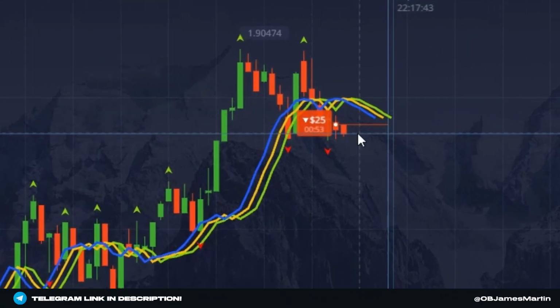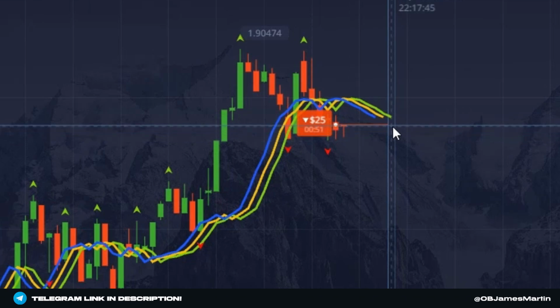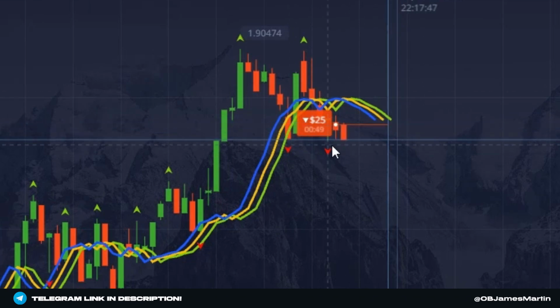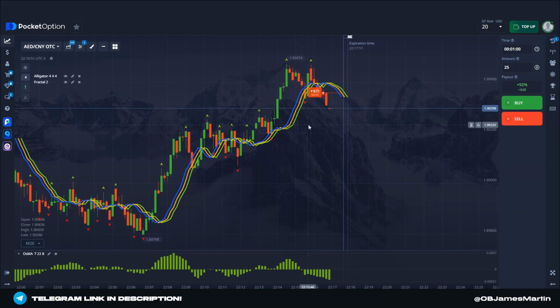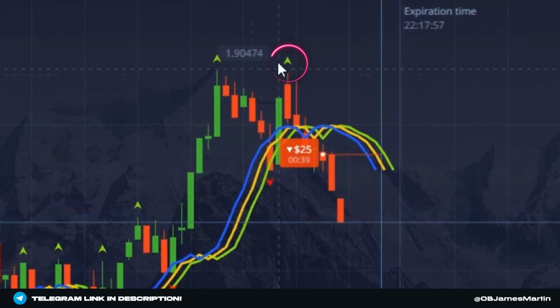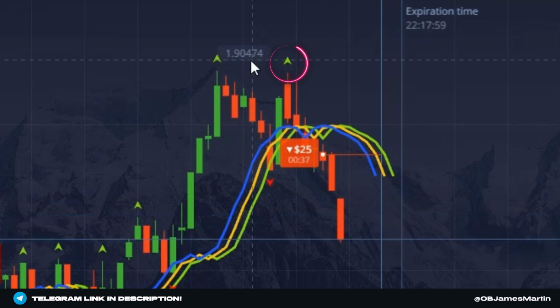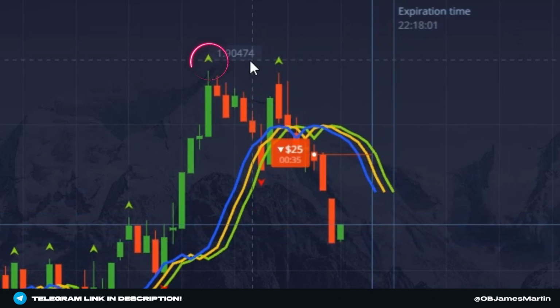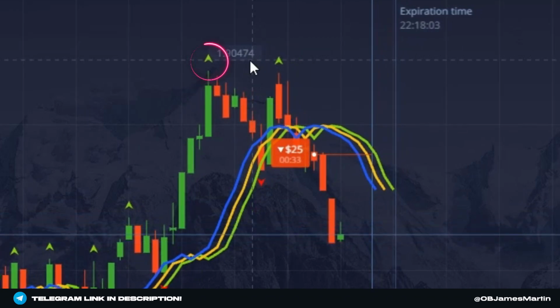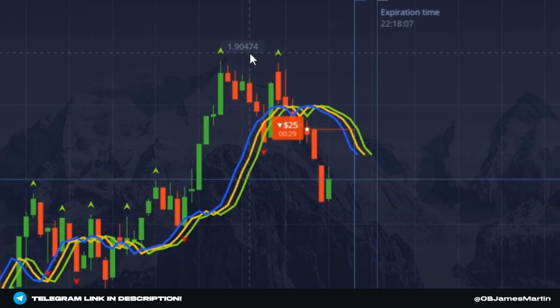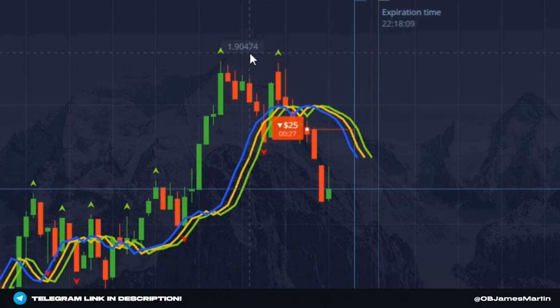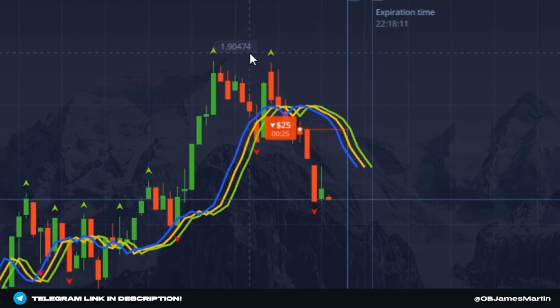Before I start talking specifically about the events of the current pair, I want to tell you about the Fractal indicator and its role in this method. It's a very positive indicator by itself, guys. When you get a green one, that's a downtrend, and when you get a red one, that's an uptrend. If it gives us a signal alone, it creates a probability of winning, but it doesn't have a main role in this method.